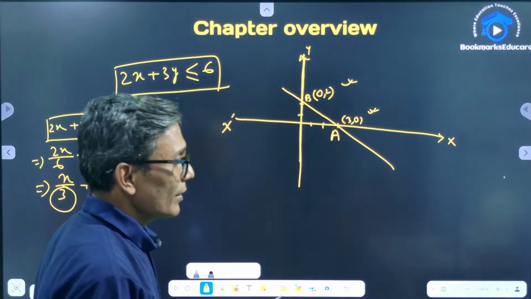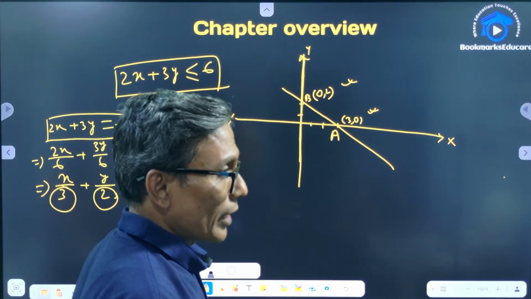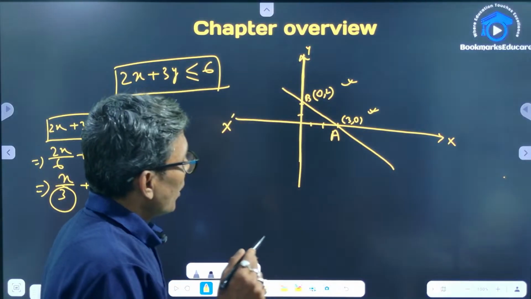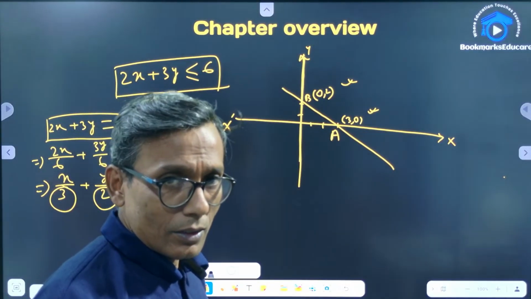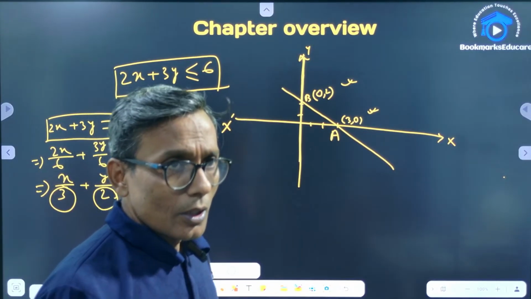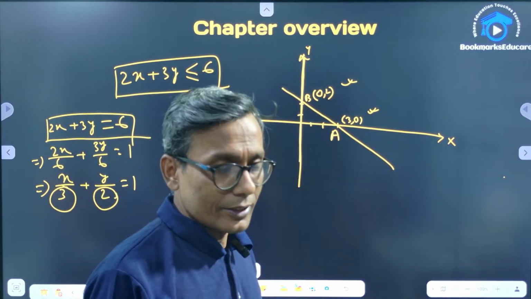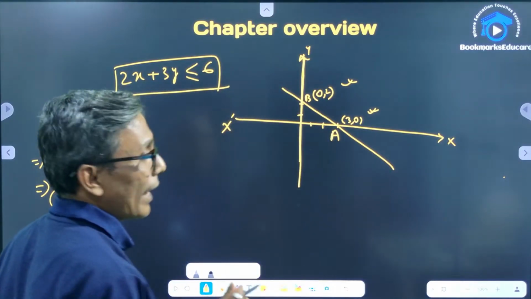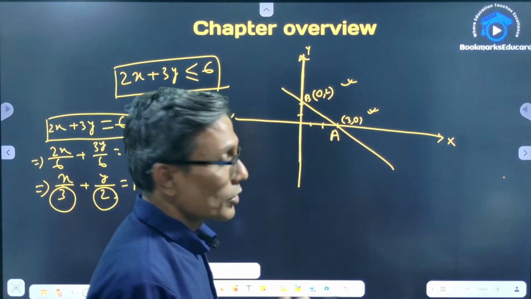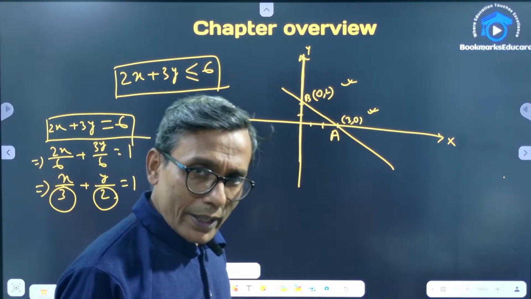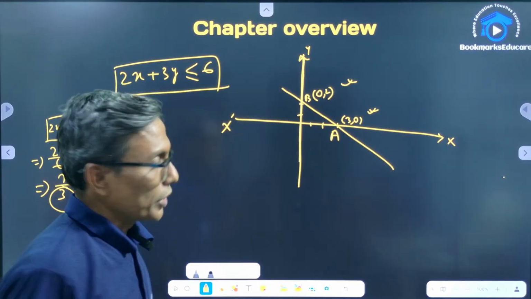A test point is nothing but a point which can be taken on the side of a line, not on the line, that will help us to get the solution set of the inequation.